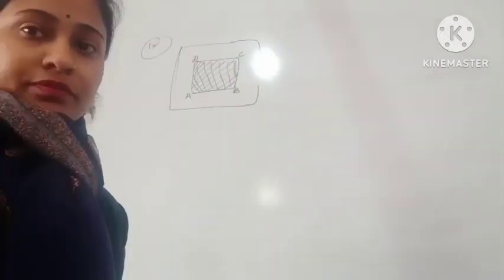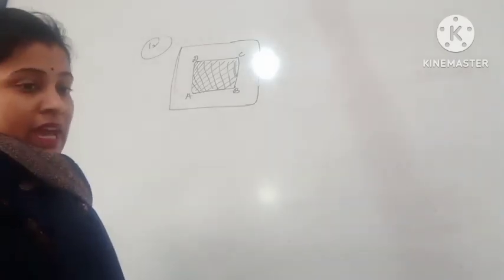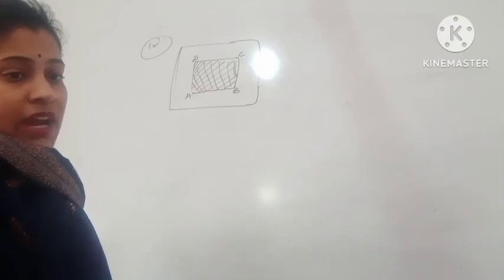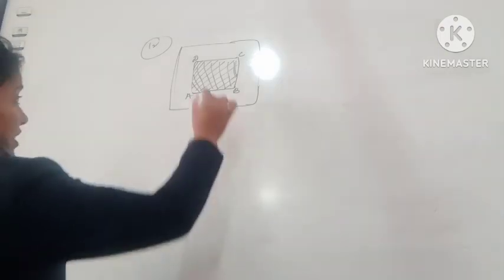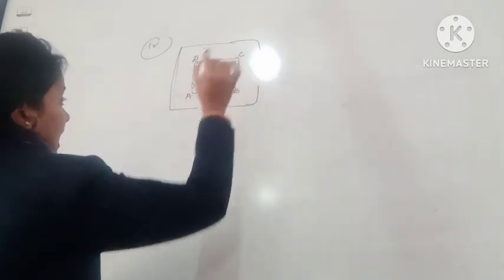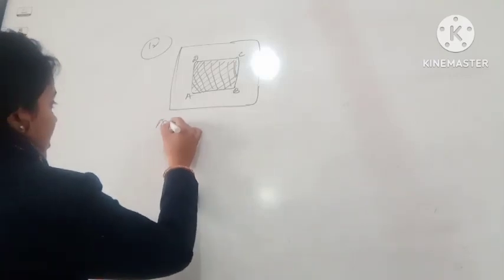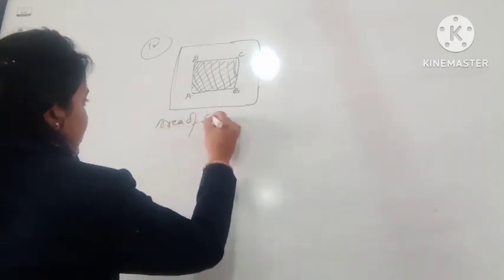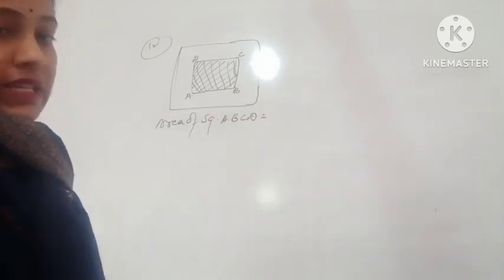In the question it is given, ABCD is a square lawn of area 729 meters square. This figure, the inside figure, okay, area of ABCD. Now area of a square ABCD is given as 729 meter square.